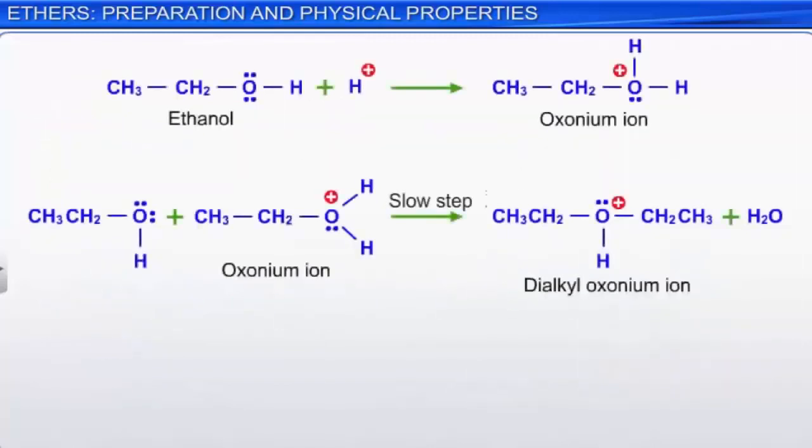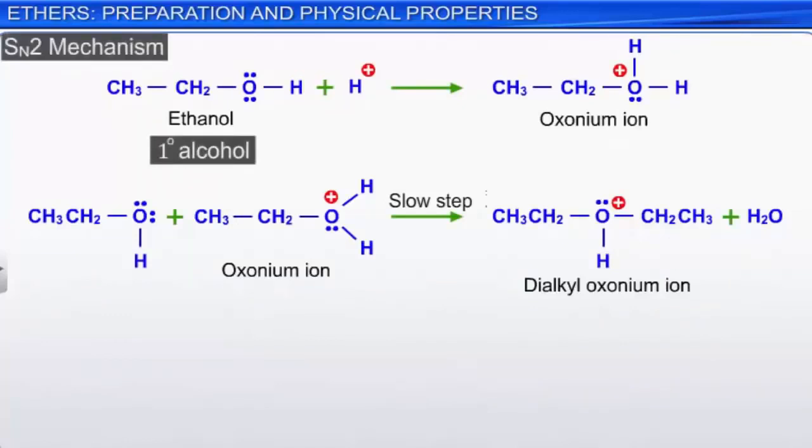Note that secondary and tertiary alcohols produce alkenes via elimination. Ethers can be prepared by the dehydration of primary alcohols by an SN2 mechanism, which means that the reaction involves an attack by a nucleophile and is a bimolecular slow step. In the first step, the ethanol forms an oxonium ion or a protonated alcohol.